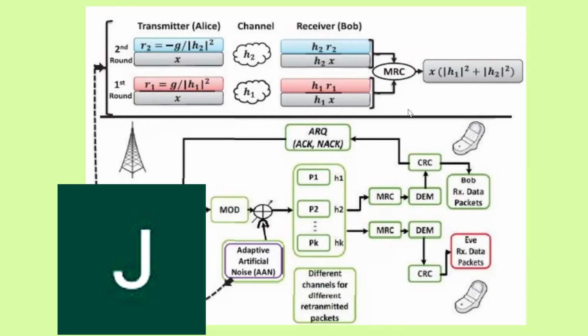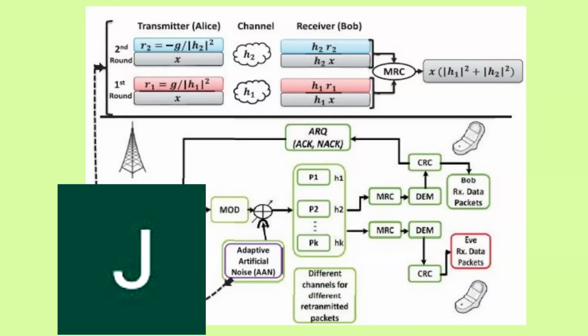Because the maximum ratio combining here uses Bob's channel. In this case, the combination is a function of the channel between Alice and Bob, and this channel is completely different from the channel between Alice and Eve.